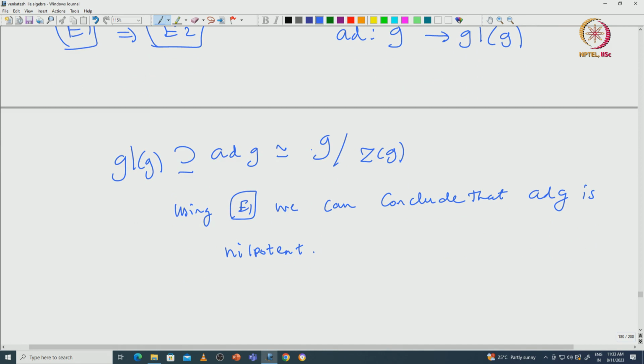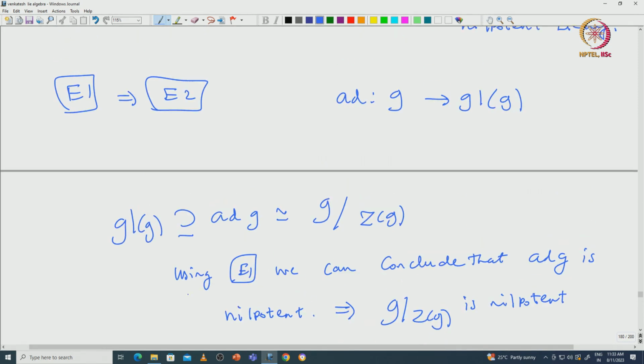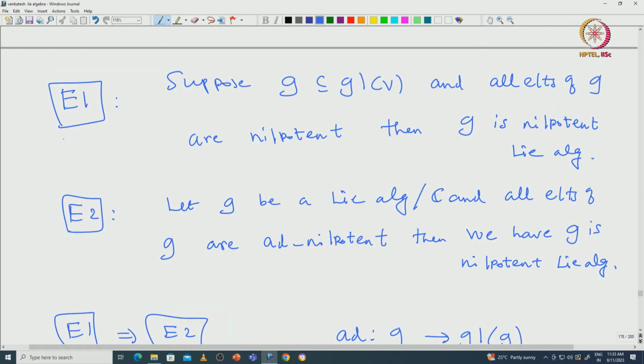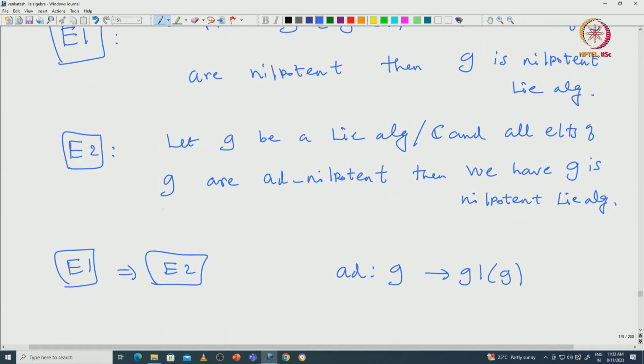So that means G is nilpotent, from our earlier remark. So basically we proved that the statement E1 implies E2.